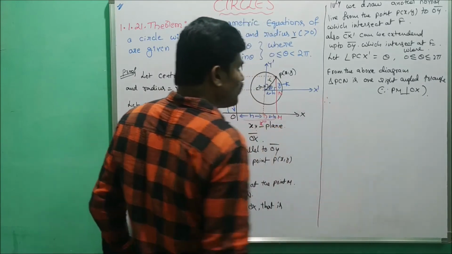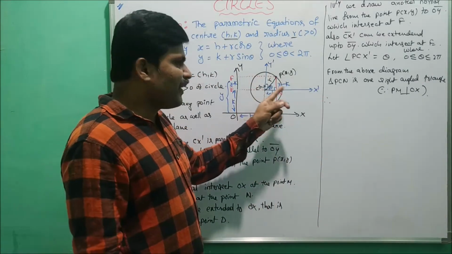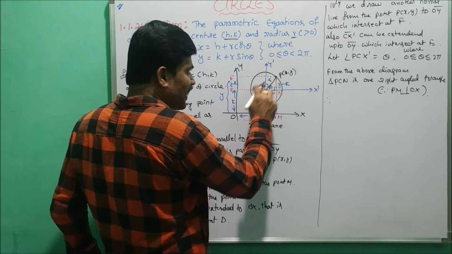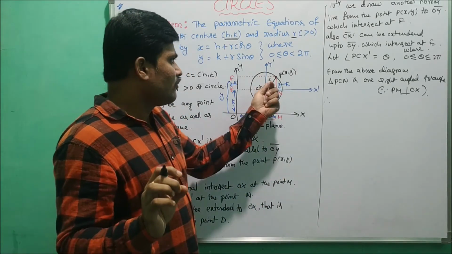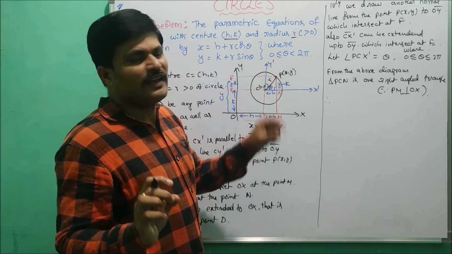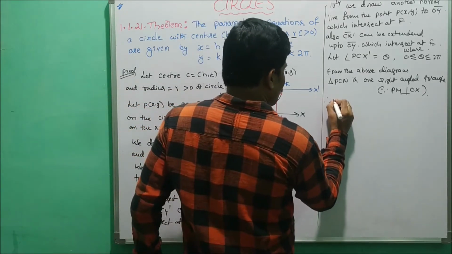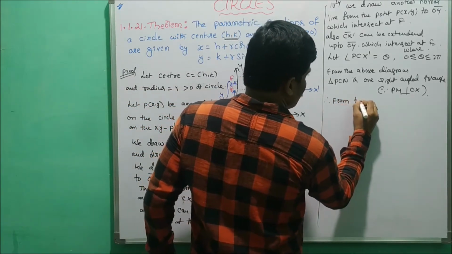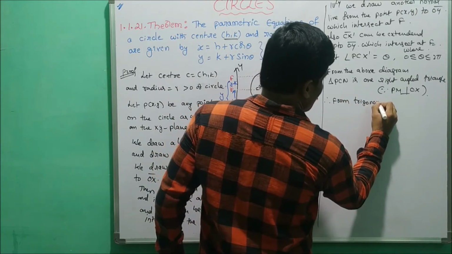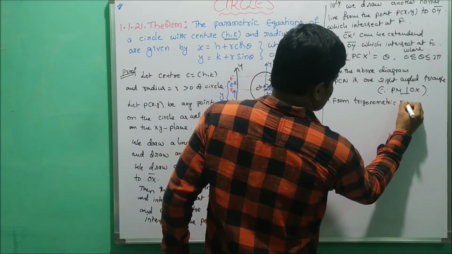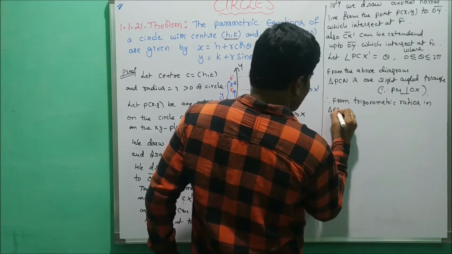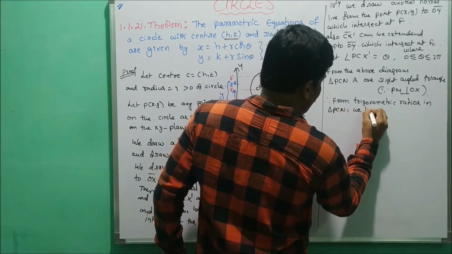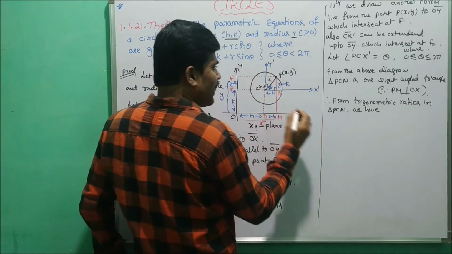Therefore, in the triangle PCN, we have to take trigonometric ratios. One is cos theta, another one is sin theta. From trigonometric ratios, in triangle PCN, here we take cos theta.